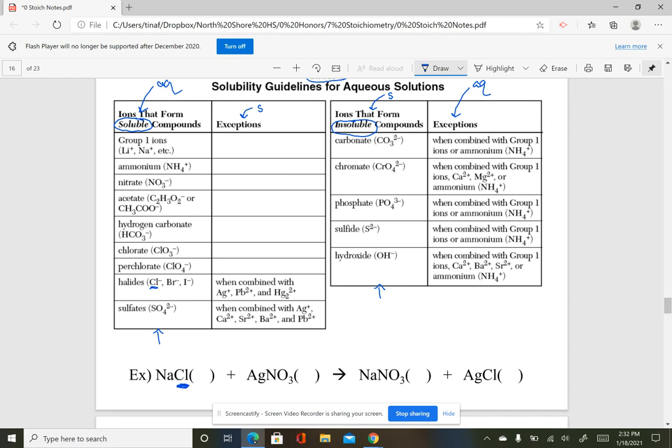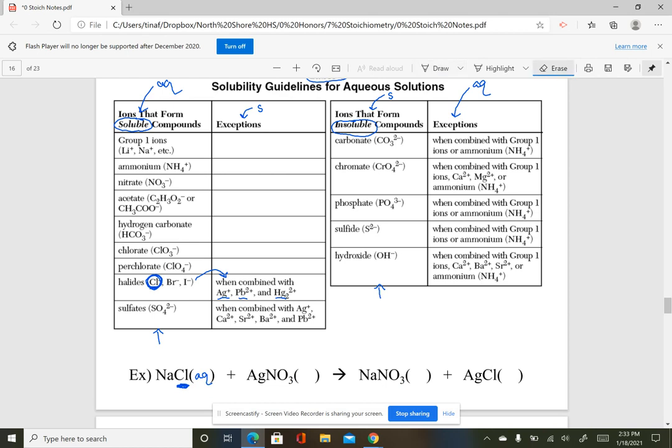So the Cl ion is right here. It's in the soluble column. But before I go ahead and say that NaCl is soluble, I need to check if Na, the thing it's bonded to, is an exception. So is Na one of the exceptions? No. So that means that NaCl is in the soluble column. So I would label it as aqueous.